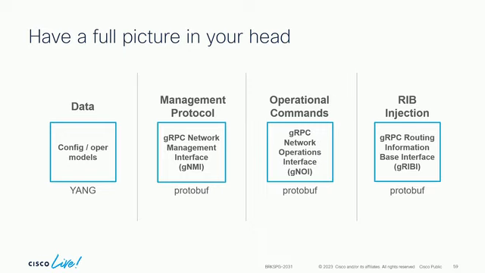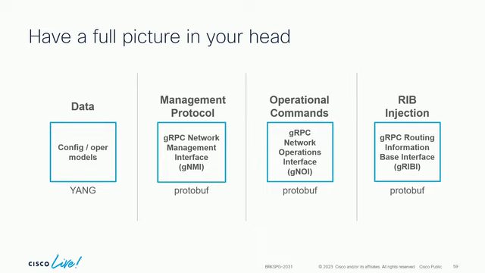Another one is gNMI. With gNMI, you can retrieve capabilities, do get and set to read and write information on the box, and subscribe to telemetry. So this is a unified way.